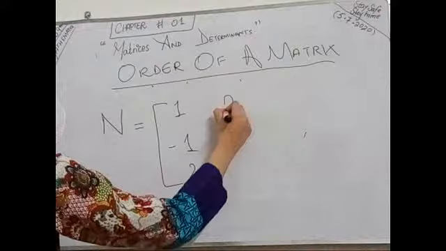And how many columns does this matrix have? 1, 2, 3. It has 3 columns. So the order is 3 by 3. I hope this topic is clear. Now we will move towards the next topic, which is equal matrices.